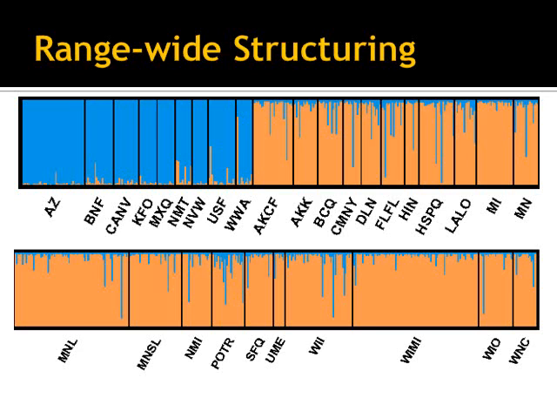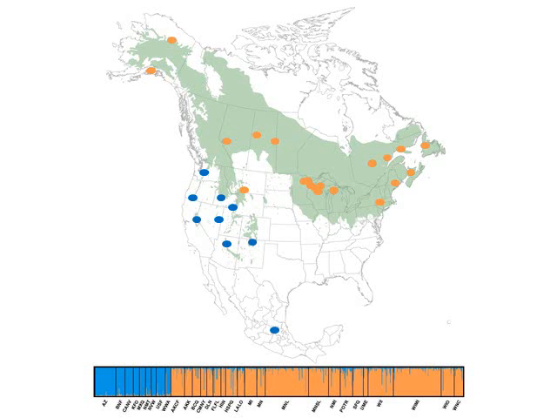And this is easier to visualize on a map. So along the bottom here, we just have the same Structure bar plot that you just saw on the previous slide. And we have our first cluster, the blue cluster. Those populations are color-coded blue. And then the orange populations represent the entire rest of the range.